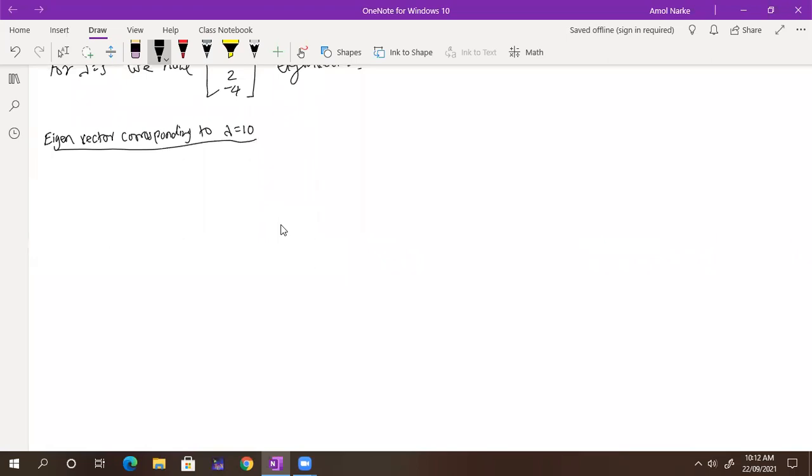Here I have my value of lambda. Can someone tell me, A minus lambda I operated on x is equal to 0, my double star equation. So tell me what is A minus lambda I here, for lambda is equal to 10?